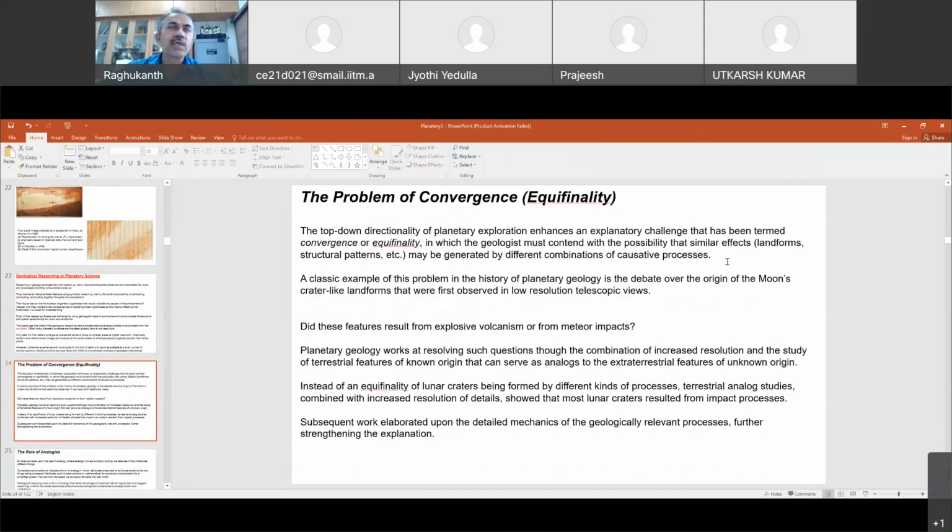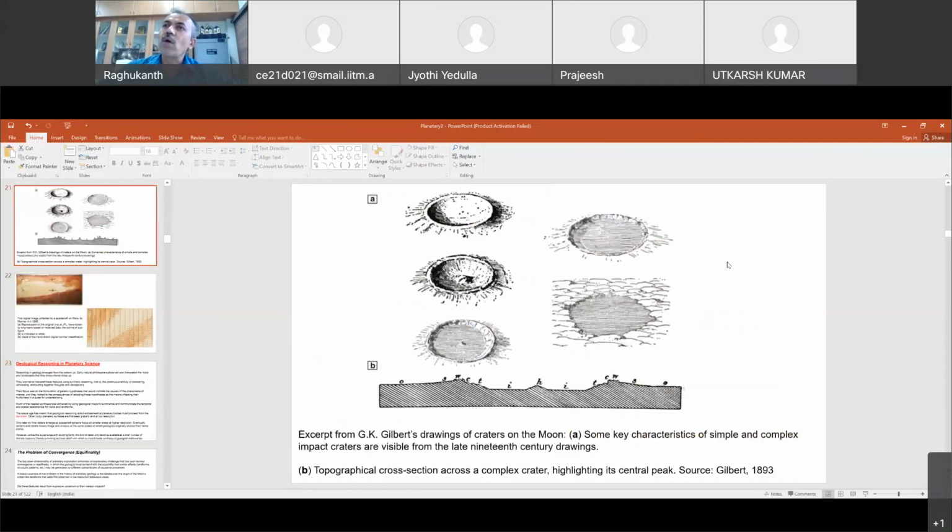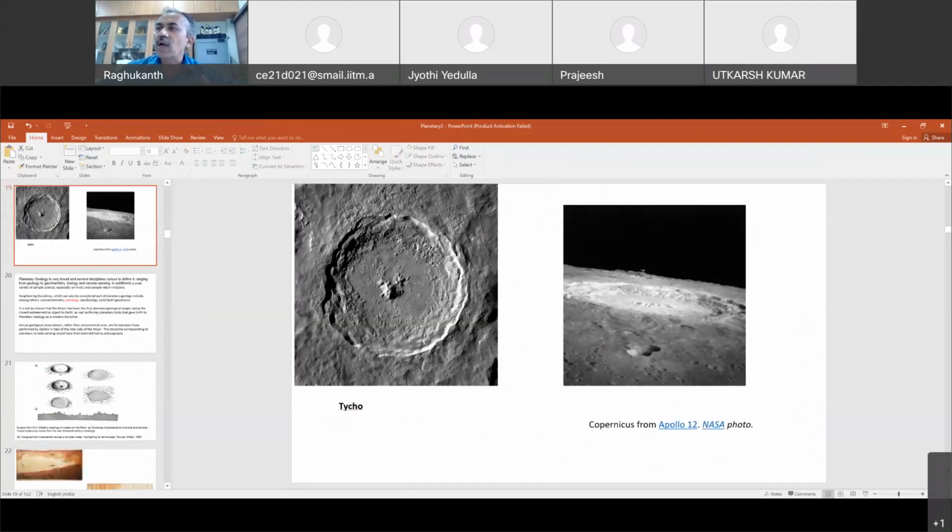Like I showed you these craters on the Moon. Now, looking at this map, you have to give analogies, or come to some kind of hypothesis. How has this region formed, like for example the Tycho crater you are seeing? How could this crater have formed, what are the hypotheses, a variety of hypotheses.